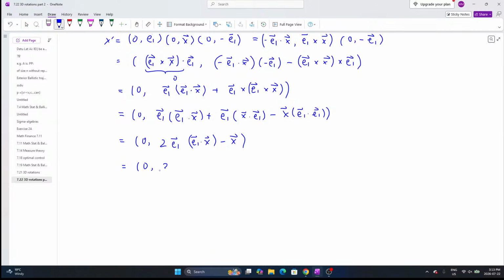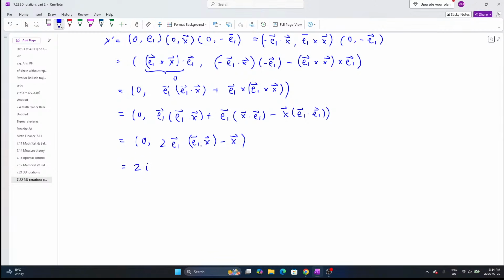So you get 0 plus the vector here. If you encode this as a vector, as a pure quaternion, then it's just i. So this is 2i, exactly.